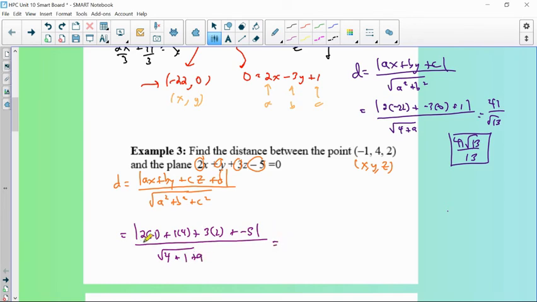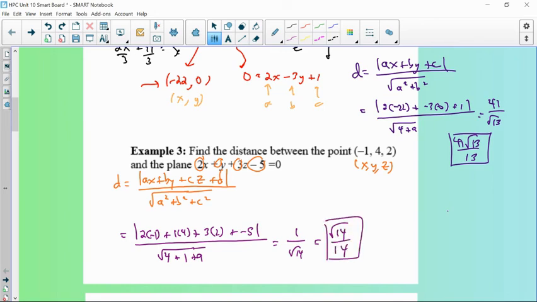So let's see, that's negative 2 plus 4, which is negative 2, plus 6, so that is 4, minus 5, so it's negative 1, so the value of that is 1. And then this is the square root of 14. So when rationalized, we get root 14 over 14.